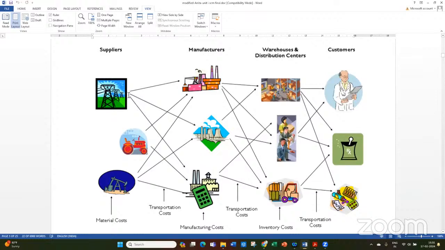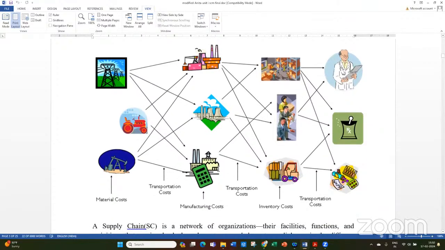Like here, supplying to the shipping industry and manufacturing industry. Here is a power plant, and then some other components. So different suppliers are supplying different industries, and the output of the industries moves to customers, and sometimes to patients and pharmaceutical companies.